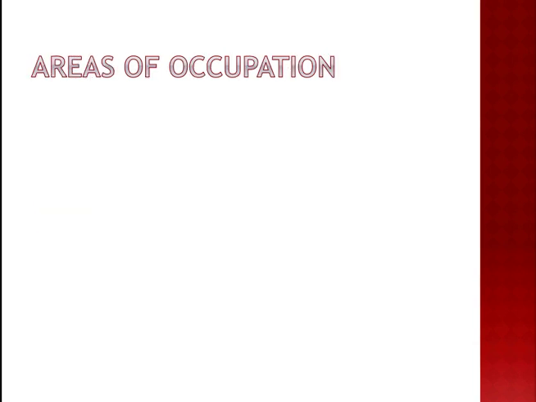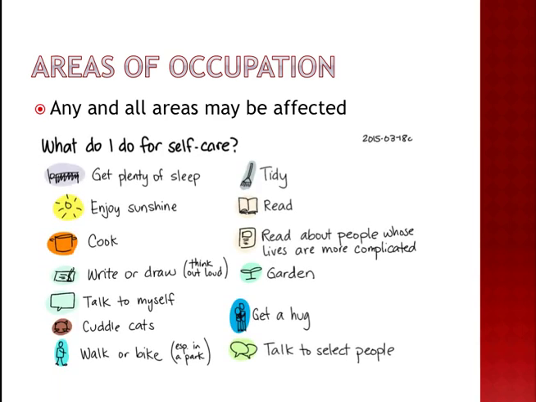So speaking of areas of occupation, really any and all areas can be affected. Depending again on the client and also on the diagnosis, we may see really any of the 8 areas of occupation affected. And I picked this as our graphic for this because, they say self-care, but we know that a lot of these things go beyond ADLs.